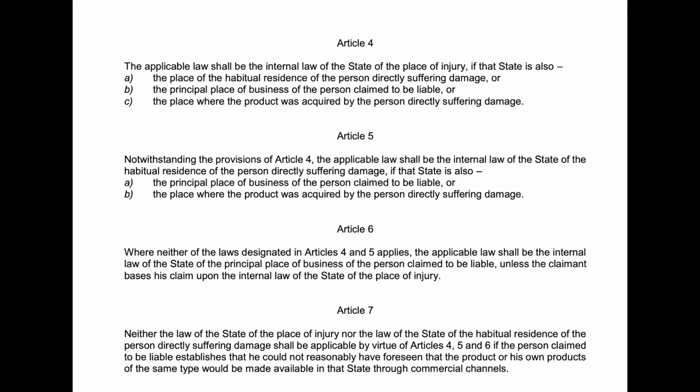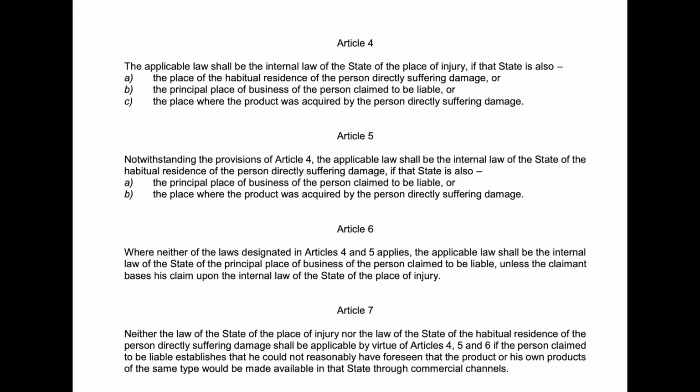When there is a coincidence between the habitual residence of the person suffering damage and either the principal place of business of the person claimed to be liable or the country where the product was acquired, we are going to apply the law of the country where the person suffering damage has her or his habitual residence. This is the first possibility, Article 5.